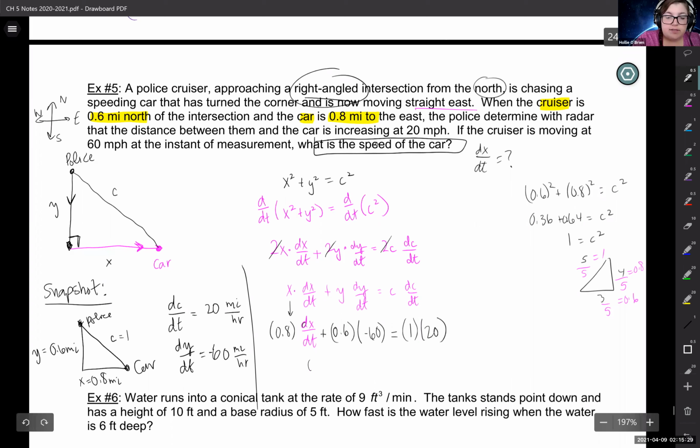This is 0.8 dx/dt minus 36 equals 20. So add 36 on both sides. Okay, this is just computation, so I'm going to just write out the answer. Let's see, 56 divided by 0.8, so times 5 over 4, or 7, so it'd be 35. dx/dt is 35.